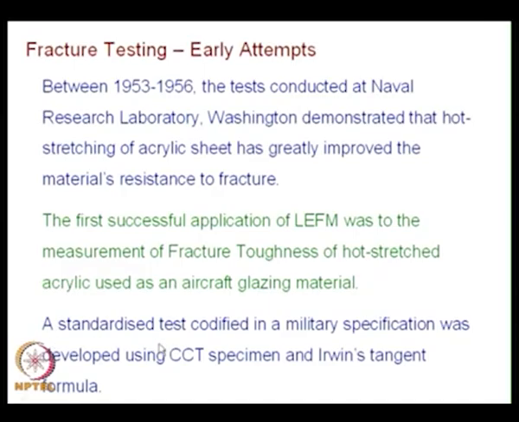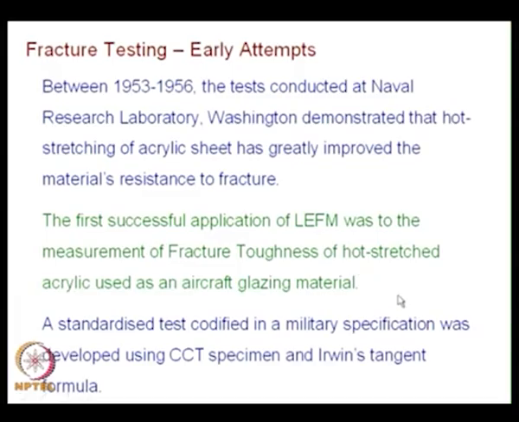So, a standardized test codified in a military specification was developed, and mind you, this was in 1953 and 1956, and I had mentioned when we were discussing the stress intensity factor for a variety of specimens, the center cracked tension specimen was used for fracture toughness testing, and I also mentioned that Irwin's tangent formula was used to theoretically calculate the stress intensity factor, and this was used to find the fracture toughness for the acrylic sheet.